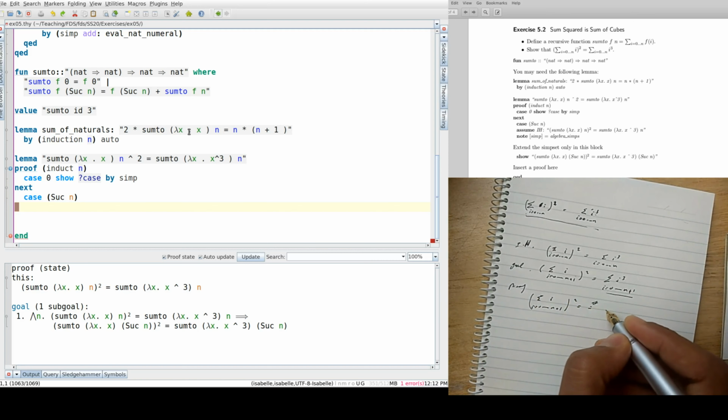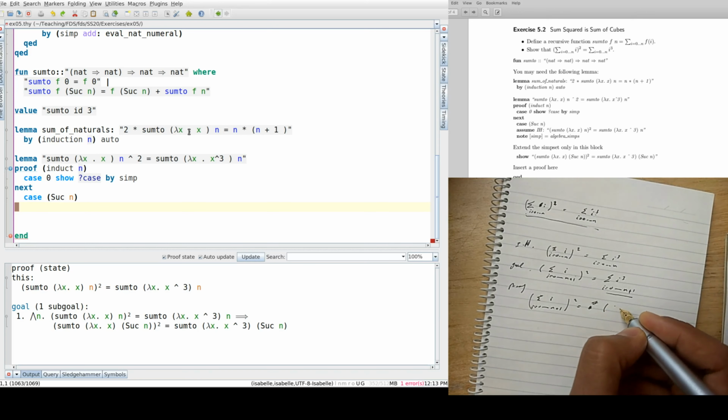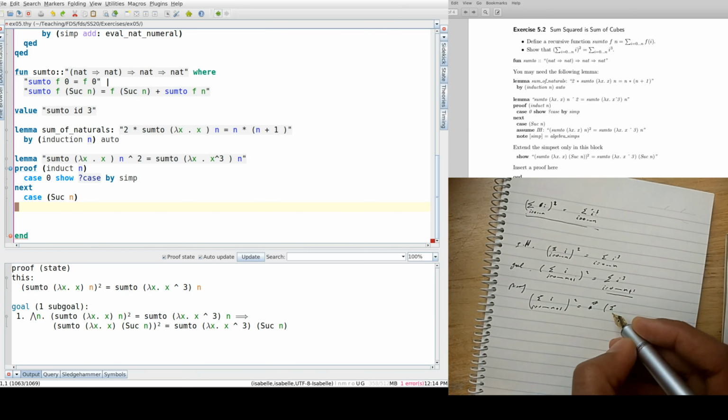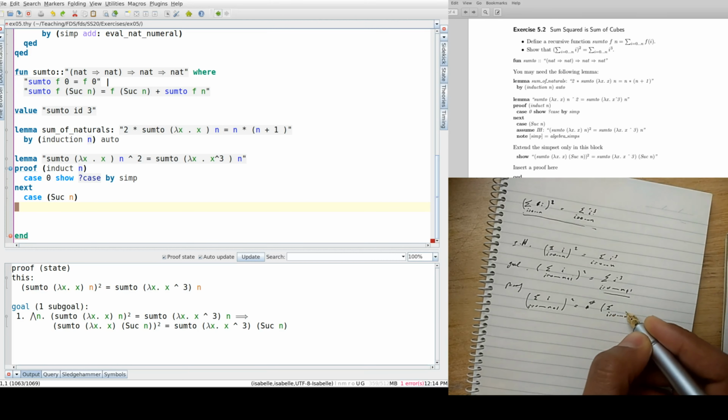It's going to be equal to the summation from i equals 0 to n of i, plus n plus 1.